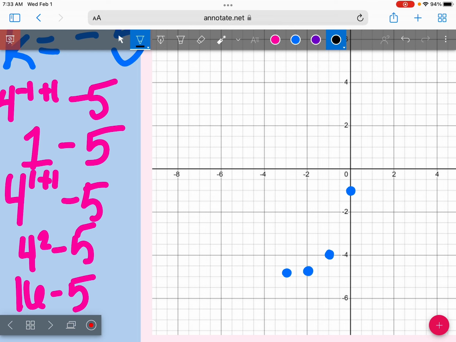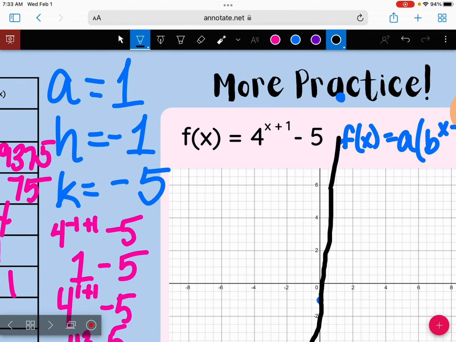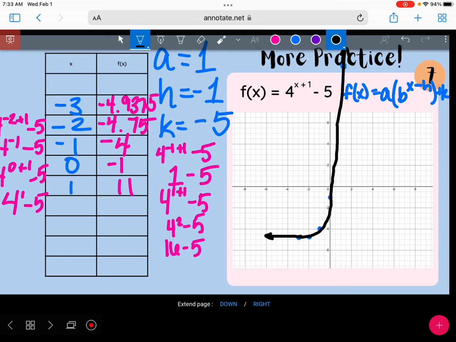So when we graph this, what do you guys notice about where our asymptote is? Where's our asymptote at? -4.9. Not -4.9, it's going to be approaching something a little bit larger than that. Because if we were to continue plugging in negative values of x, we're going to get closer and closer to the next number.